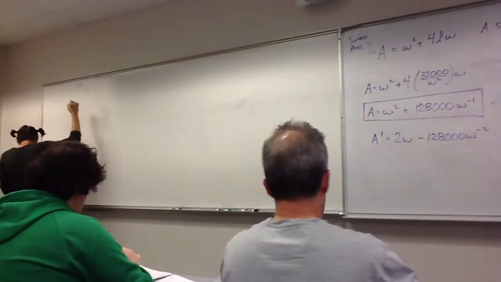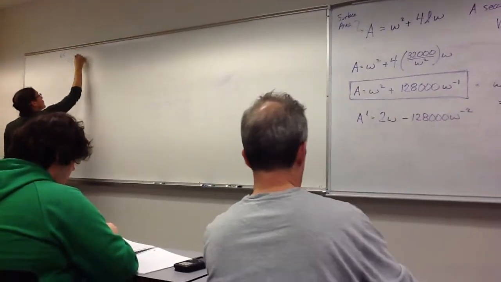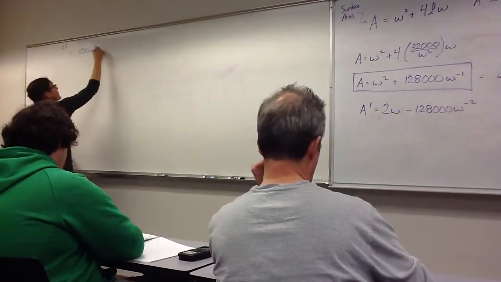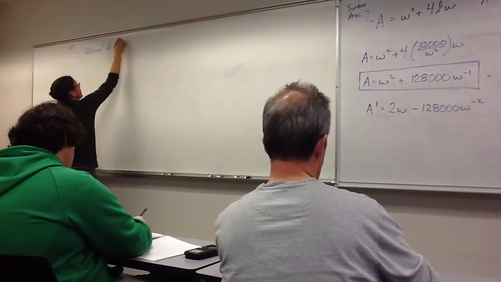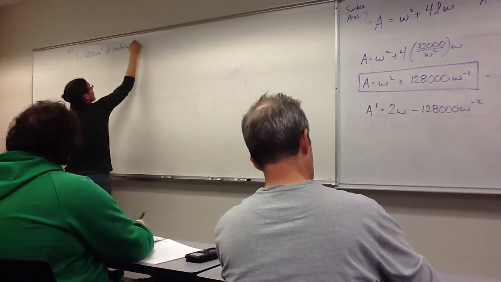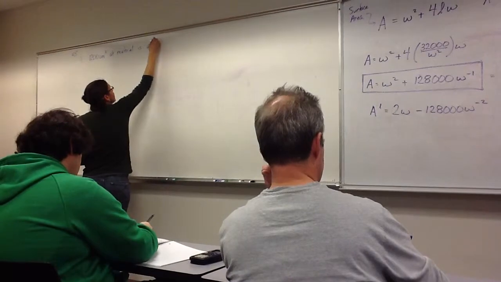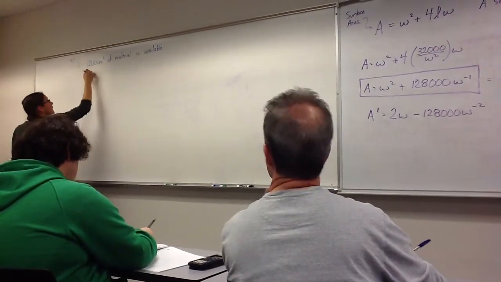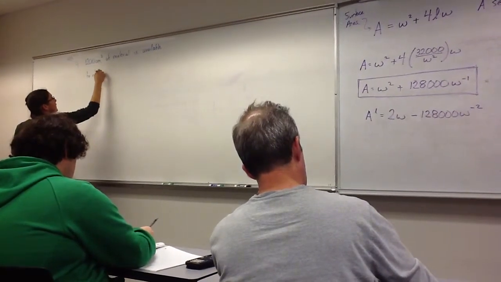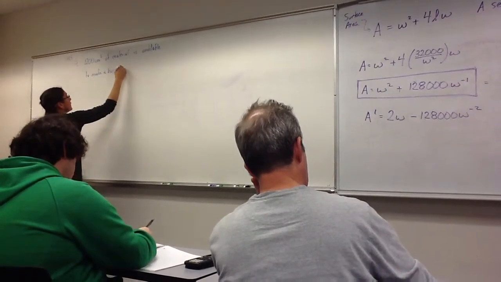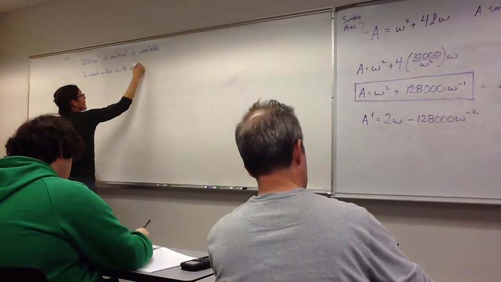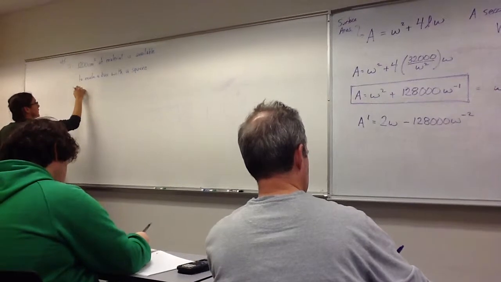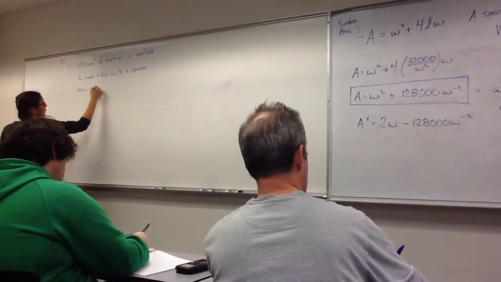Number 5 and number 9, we've got 1,200 square centimeters of material is available to make a box with a square base and open top.